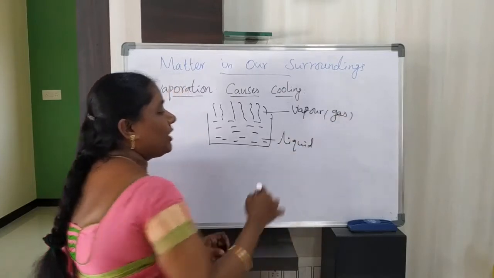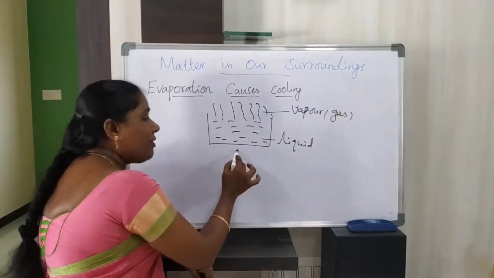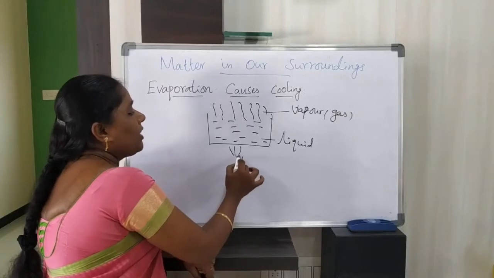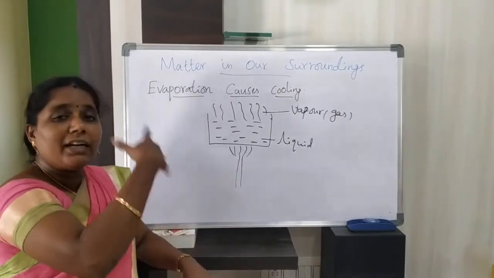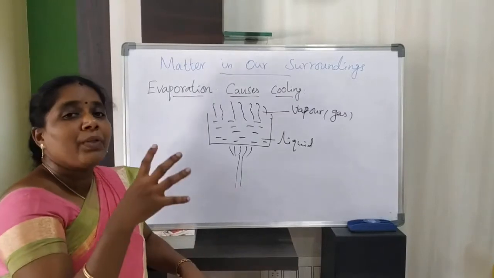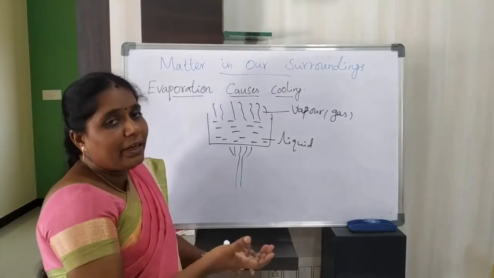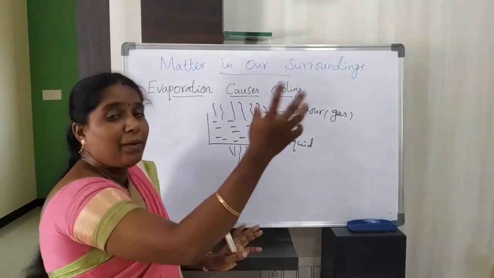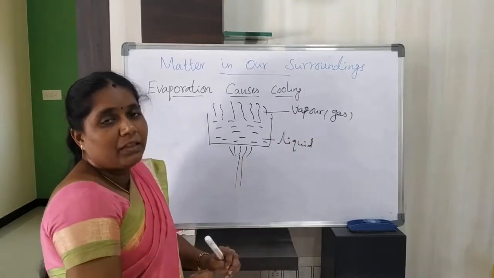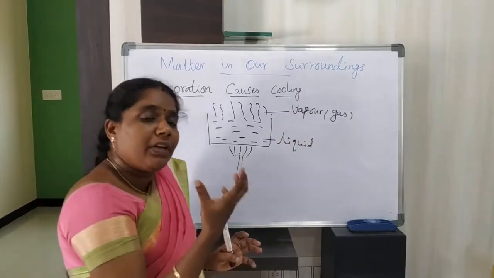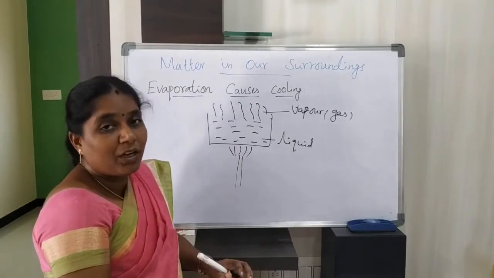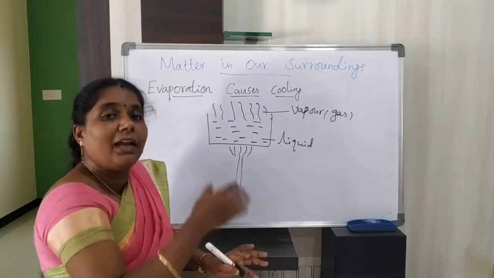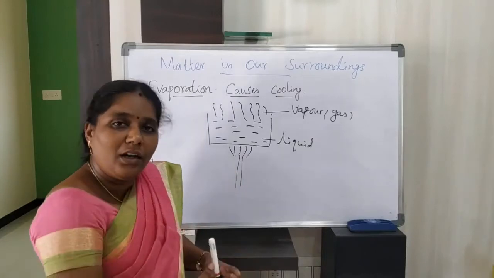What happens during this process? By heating, the liquid state is converted into gaseous state. Even without heating, if you keep water under sun rays, it will absorb the rays from the sun and change into water vapor.